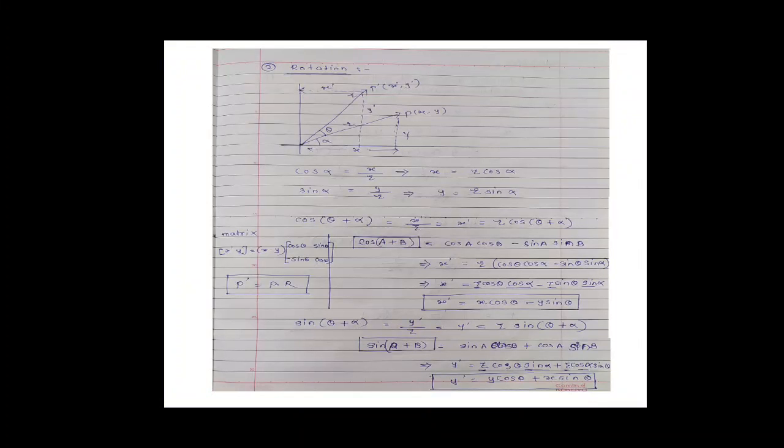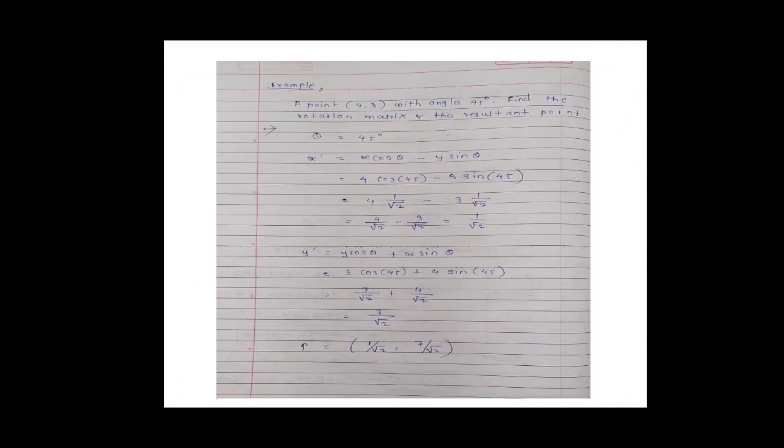The matrix format for rotation is: x dash, y dash equal to x, y times the matrix cos theta, minus sin theta, sin theta, cos theta. So P dash equals P into R.